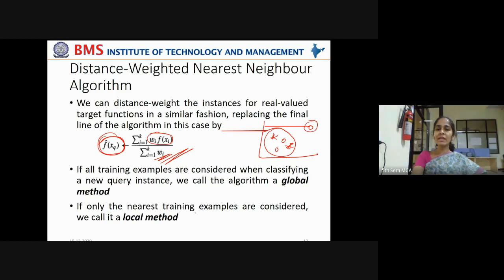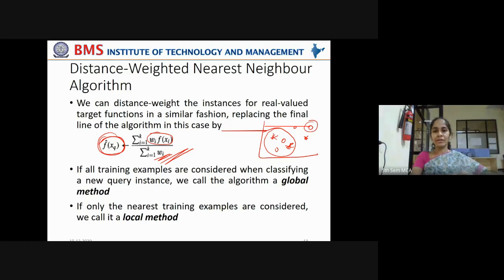But if only the nearest training examples are considered, not all, say one nearest neighbor is enough to categorize it, or two, or three nearest neighbors are enough, then we call it a local method, because we are not considering all the training examples in the data set. We are just considering the nearest points.